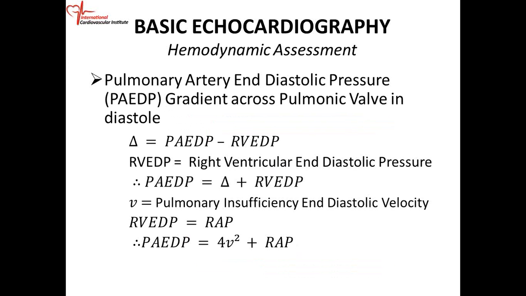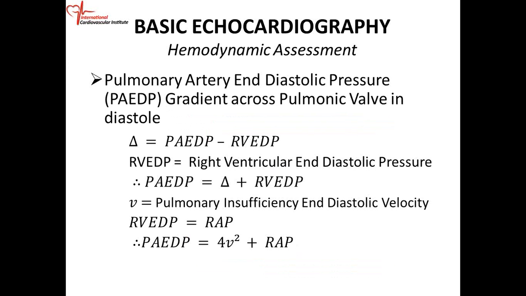If you have pulmonic insufficiency or pulmonary regurgitation, blood is going to flow from the pulmonary trunk across the pulmonic valve into the right ventricular flow tract. That is what pulmonary regurgitation is, or pulmonic insufficiency.